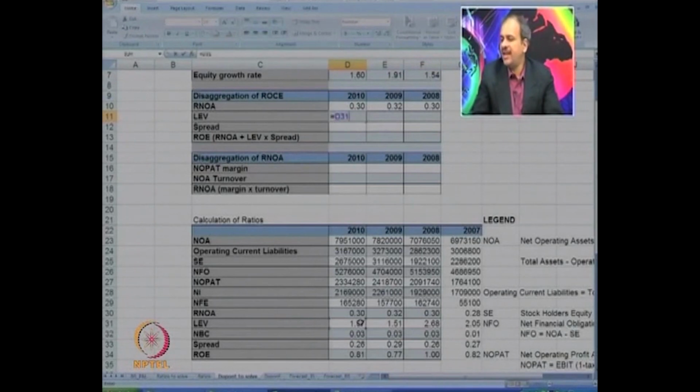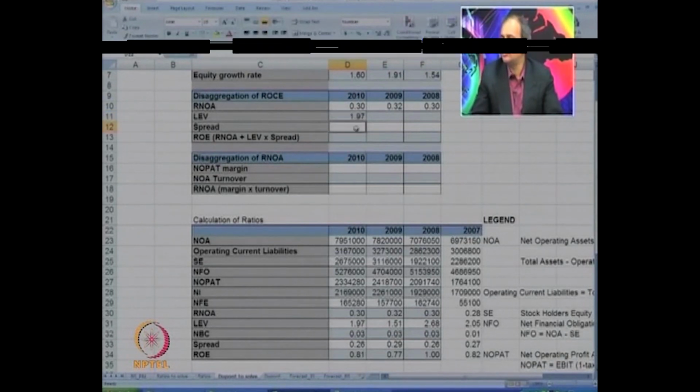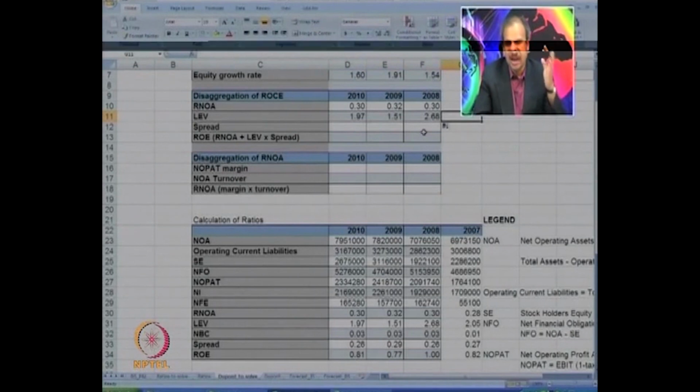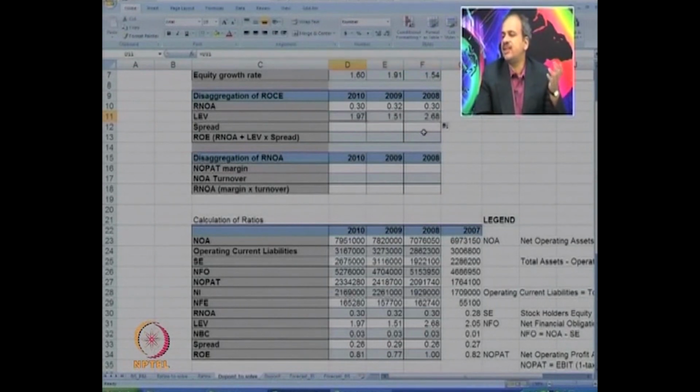Then we look at LEV, that is leverage. By leverage we are trying to find out the relationship of debt funds to equity funds. In this case, there is much more reliance on debt funds. You can see in 2008 it was as high as 2.68, now it has gone down to 1.97.